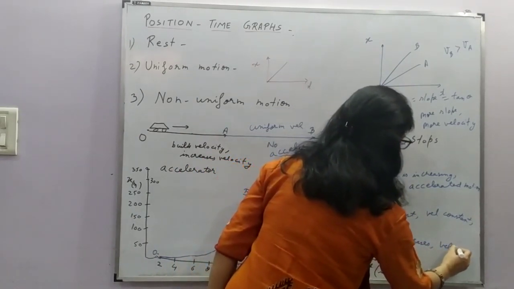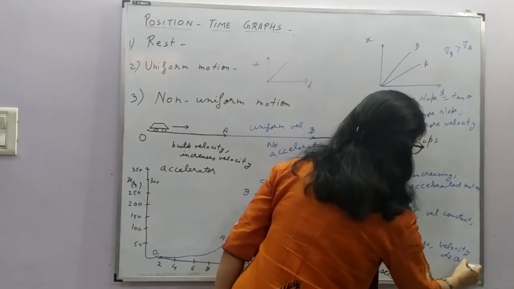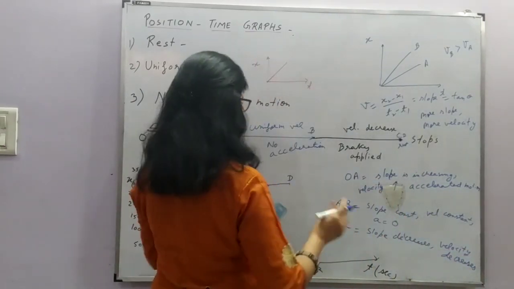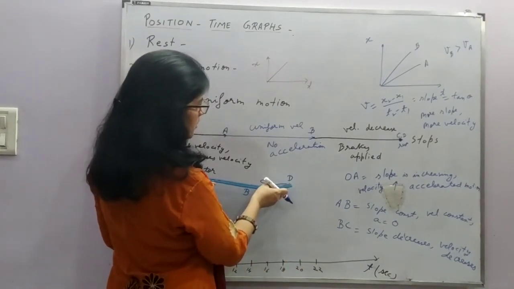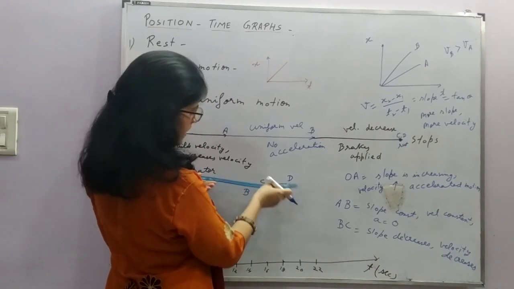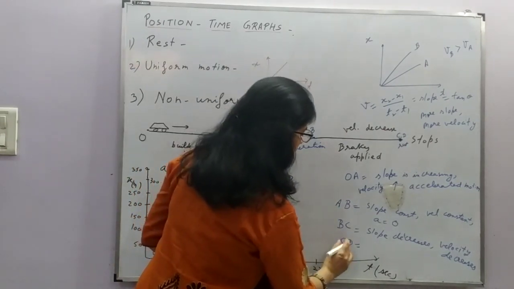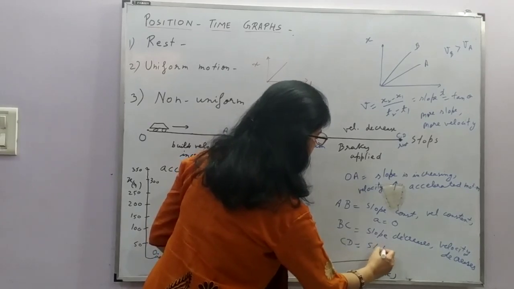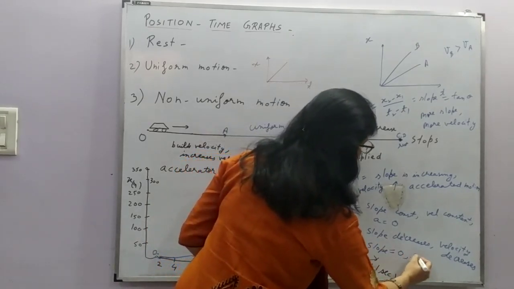Therefore velocity decreases. Right? And finally here between C and D, the slope is 0. It is parallel to the time axis. So for CD, the slope is 0. So it is rest.